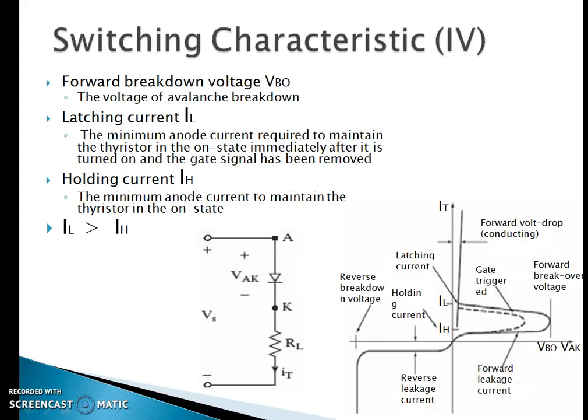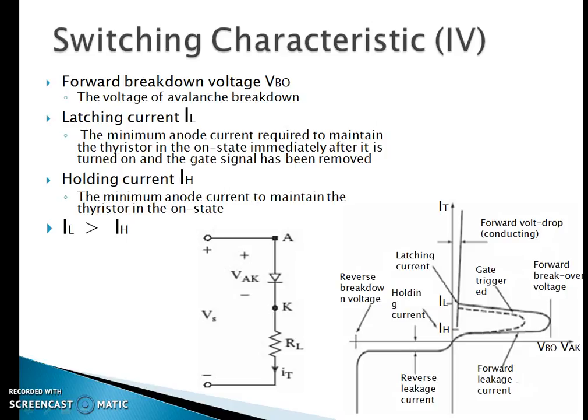Now in this figure we will discuss some terminologies regarding the latching current, holding current, forward breakover voltage and reverse breakover voltage. As you see in the characteristics of the SCR, VBO represents the forward breakover voltage below which the SCR cannot conduct.